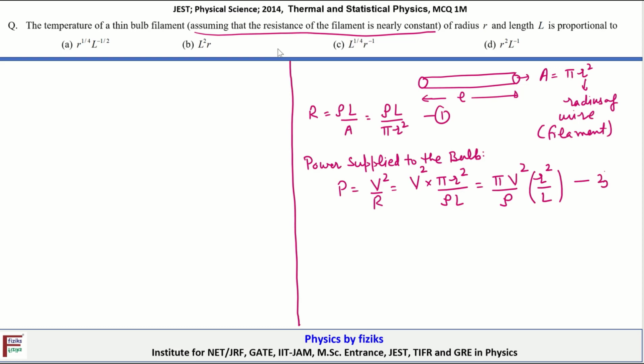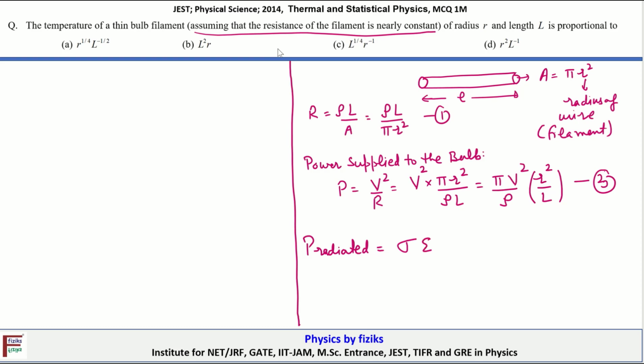So this equation 3 denotes the dependence of various factors on which the power depends. Now we also know that once the wire is heated, it will also radiate energy. The power radiated by the wire, that's the energy radiated per second, is equal to sigma, the Stefan constant, and then the emissivity of the wire.